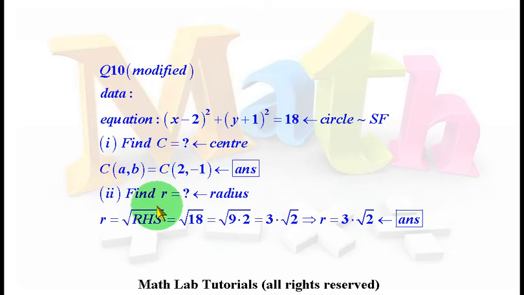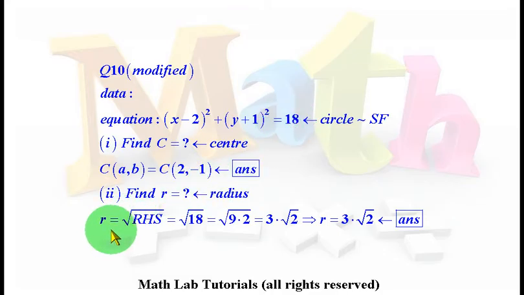Then part 2 over here asks us to find the radius of the circle. Now, of course, the radius of a circle is just the square root of the right-hand side of the standard form. We have the standard form right here. The right-hand side is identified as 18.